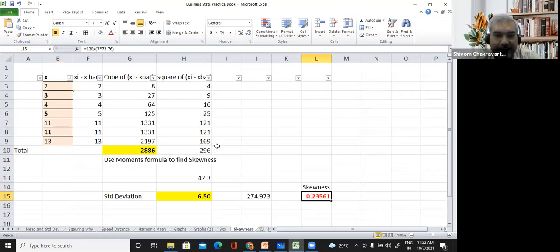So it is giving a different value. But if you are comparing different data sets, you use the same formula. If you are using Bowley's formula for one data set, you use the same formula for other data sets also, then you can compare. Here using Bowley's formula, we are getting around 0.5. Using the moments formula, we are getting 0.23.